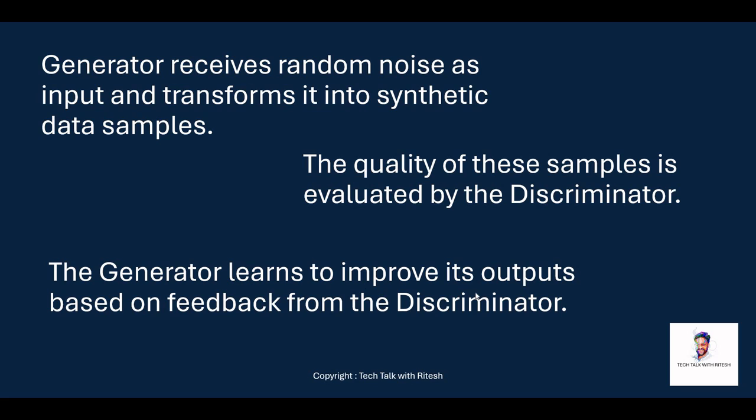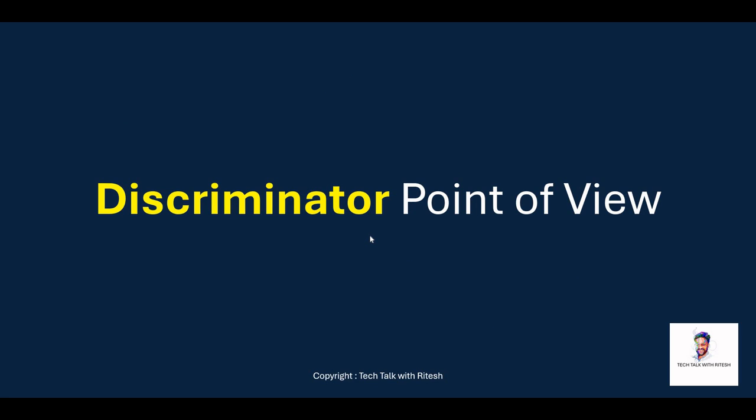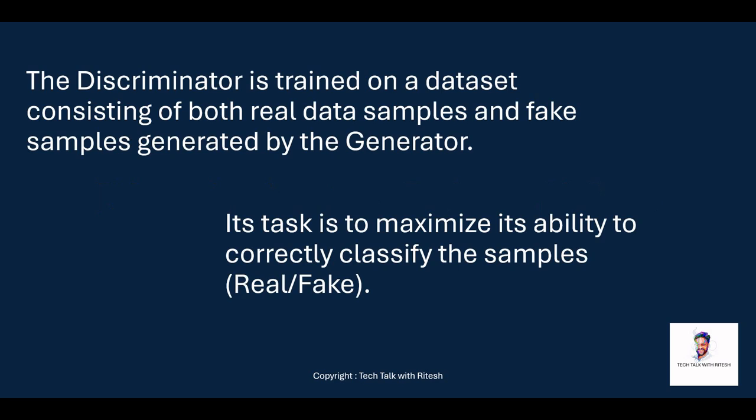The generator learns to improve its outputs based on the feedback received from the discriminator. Simple. Now let's see from the discriminator's point of view. The discriminator is trained on a data set consisting of both real data samples and fake samples generated by the generator. Its task is to maximize its ability to correctly classify the samples, real versus fake.